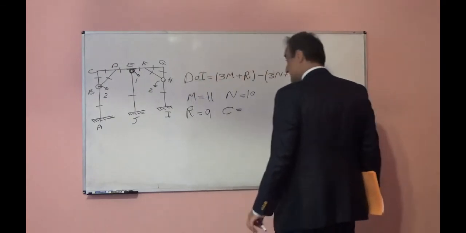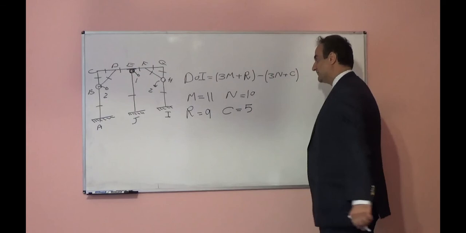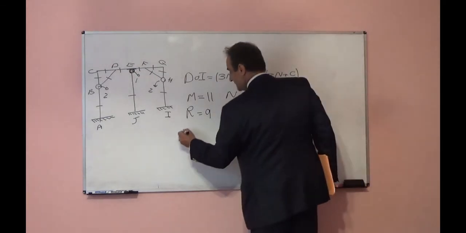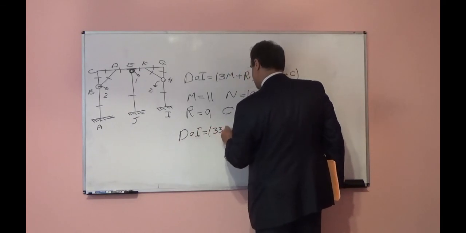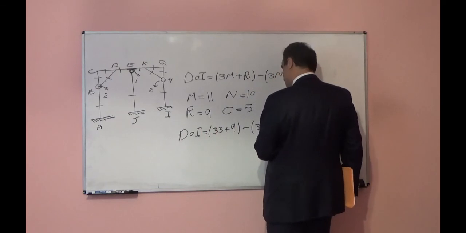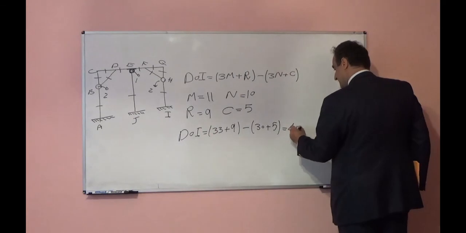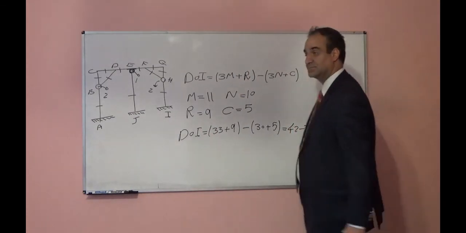So entire C, 2 plus 2, 4 plus 1 will be 5. If we plug into the formula now, it will be 33 plus 9 minus 30 plus 5. This will be 42 minus 35, this will be 7.